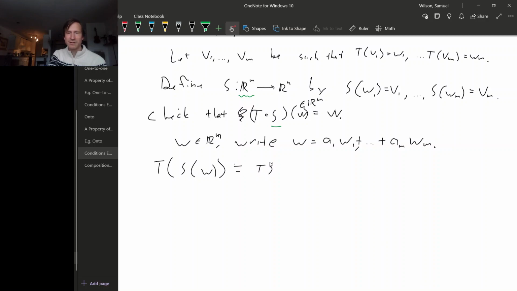W is A1 W1 plus dot dot dot down to Am Wm. But we can use the linear transformation property of S to write this as T of A1 S of W1 plus dot dot dot down to Am S of Wm.